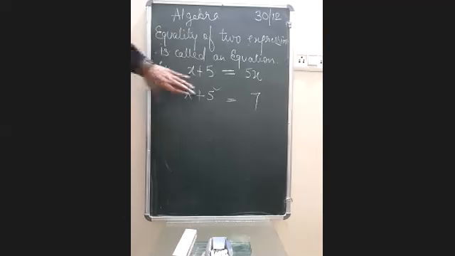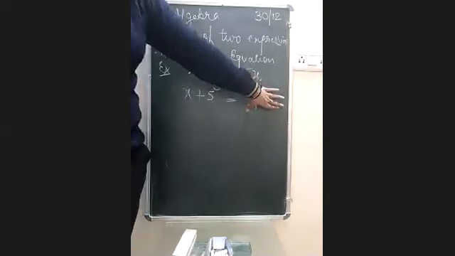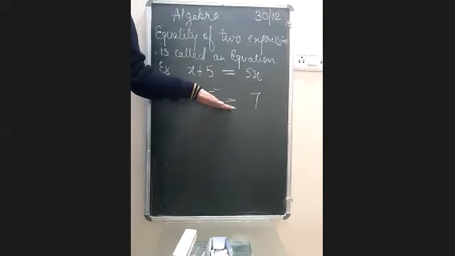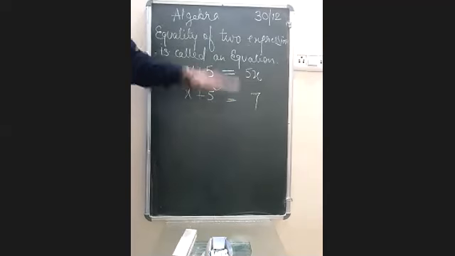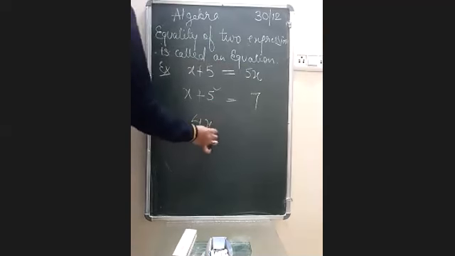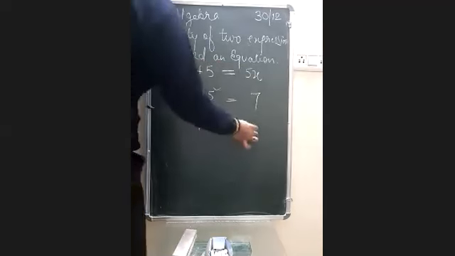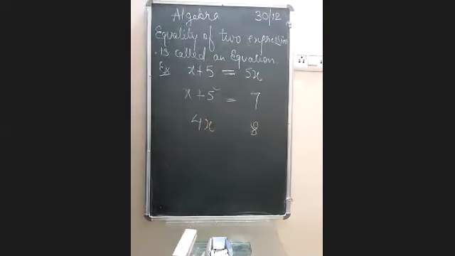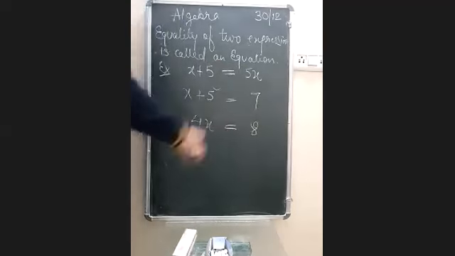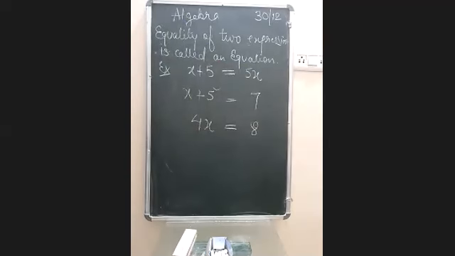It means when you take one expression, and on the other side another expression, and equality comes between the two, then they form an equation. For example, again, if I write one expression 4x and another expression only 8, then again this is an equation.